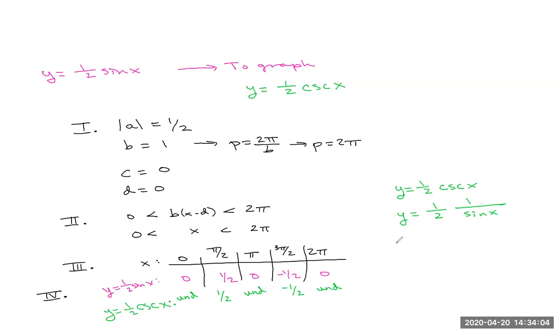So let's say that x is 0. If I plug in 1/2 cosecant of 0, that's the same as 1/2 times 1 over sine of 0. And we know that sine of 0 is 0.